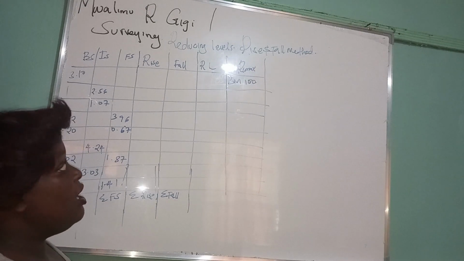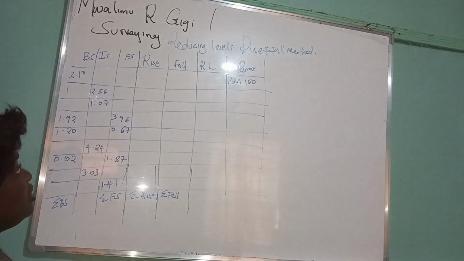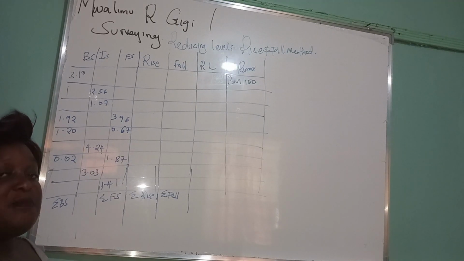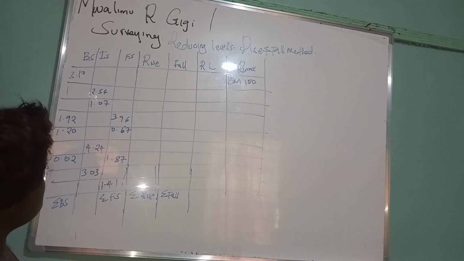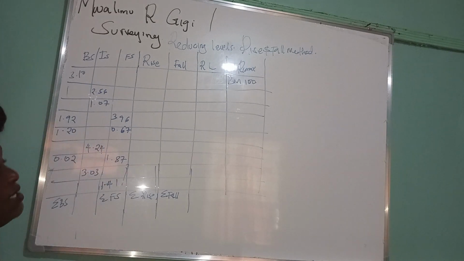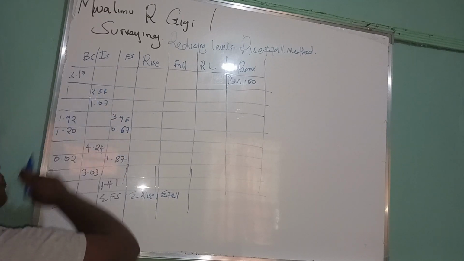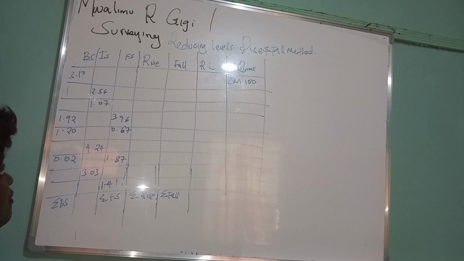We said that you subtract each value from the previous value. So in our case, we subtract 3.10 minus 2.56 as we go forth.